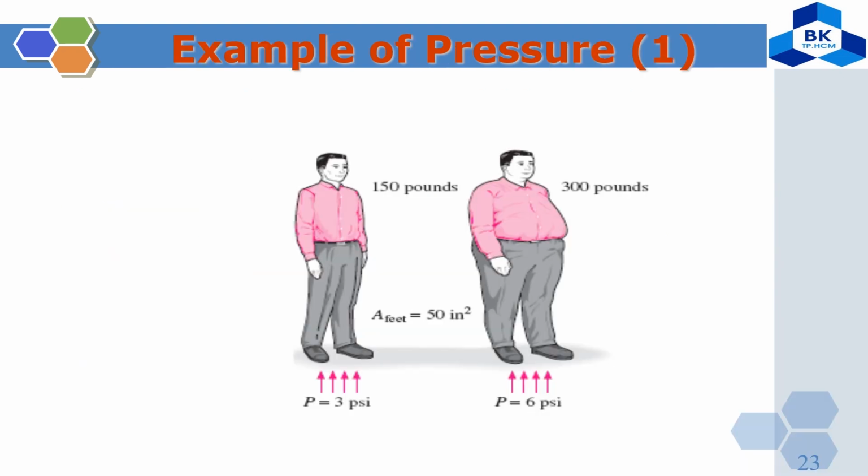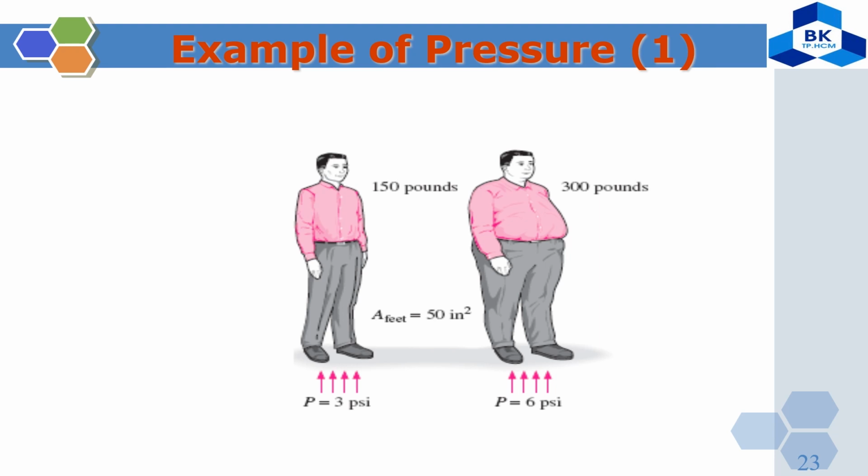So we know that the pressure P equals the force F divided by the area A. For example, we have two men here. One weighs 150 pounds and the other weighs 300 pounds.